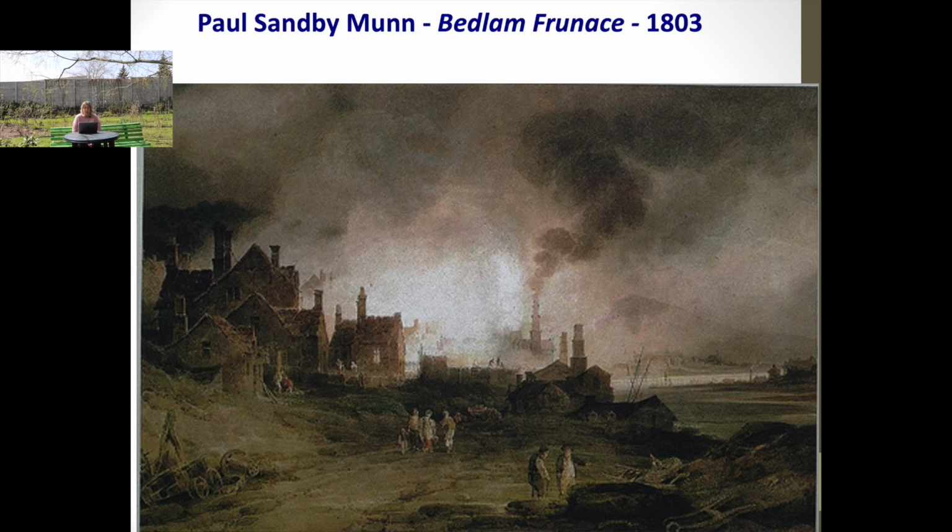One is Bedlam Furnace, here by Paul Sandby Munn, which shows ironworks, the furnace for smelting iron. And here we have an early industrial landscape with the chimneys, with the smoke and the soot, and it's all kind of gloomy and dark, but at the same time strangely fascinating, I don't know, an image of apocalypse, or perhaps an image of the gates of hell.